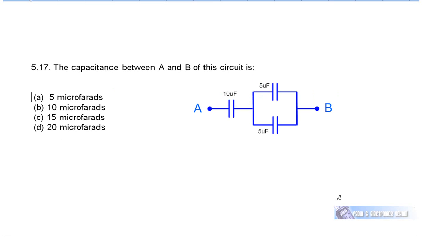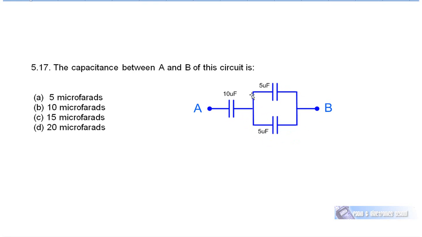Question 5.17 is a series parallel circuit. The capacitance between A and B is... Okay, the first thing to do here is to reduce the parallel combination to a single capacitor. If we were to find out the total capacitance of 2 microfarad capacitors in parallel, we would get 10 microfarads.